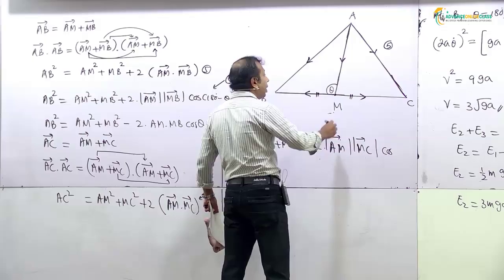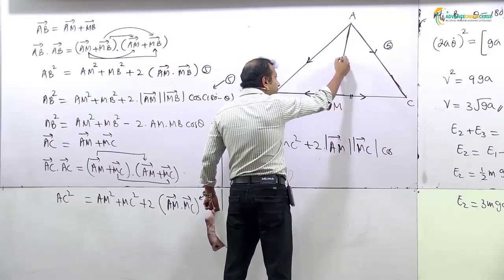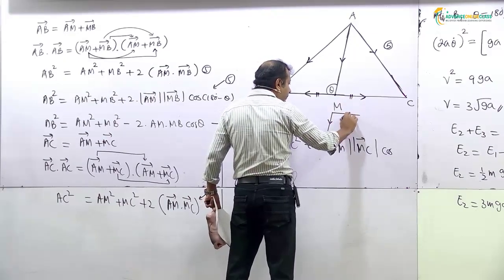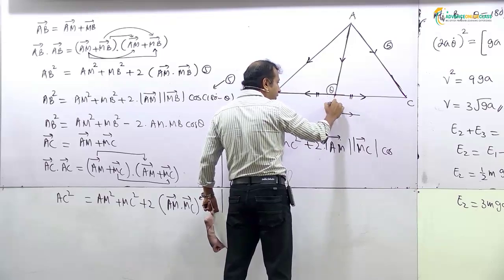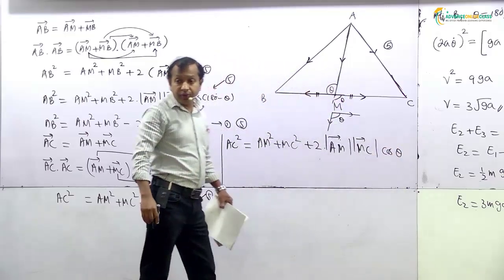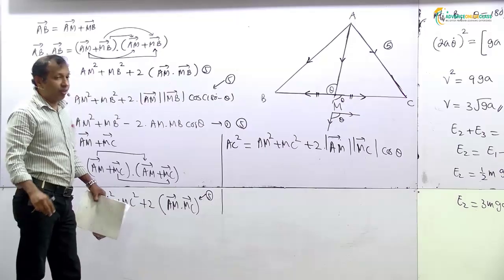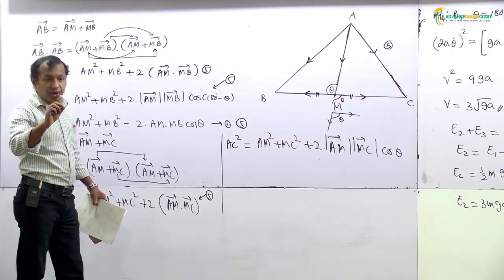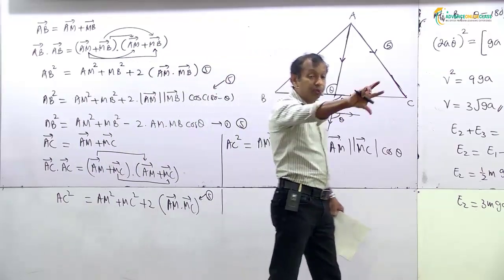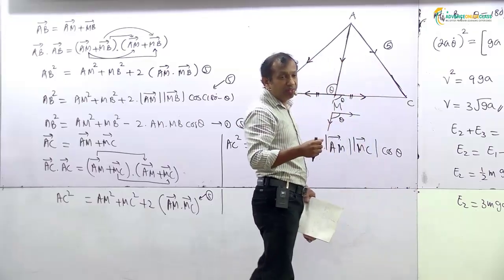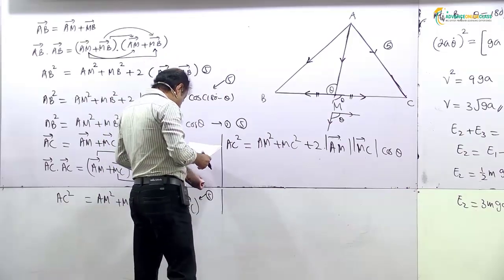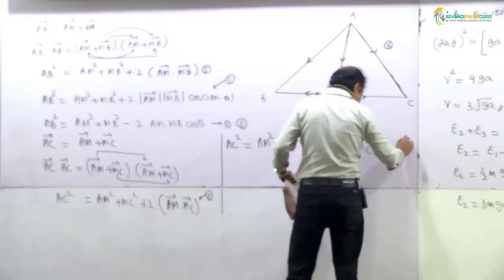What is the angle? AM vector means this. MC means this. This is the angle we need. That angle is this theta. This is theta, cos theta now. The angle between two vectors means what? We must draw the two vectors starting from a point so that both the arrows go out from the point. Then the angle between the vectors is the angle theta. For this, the 5 marks.